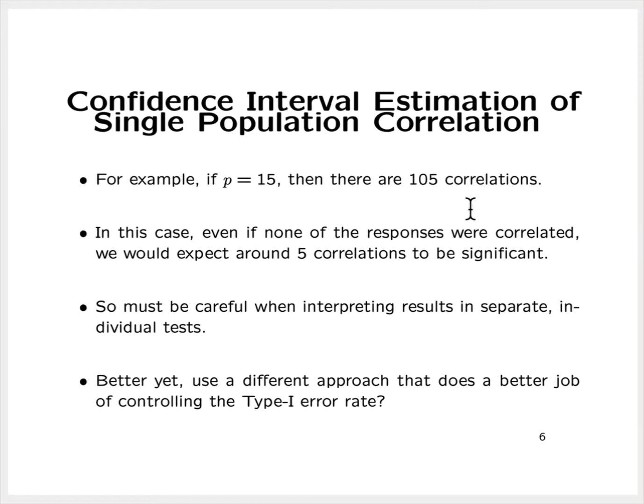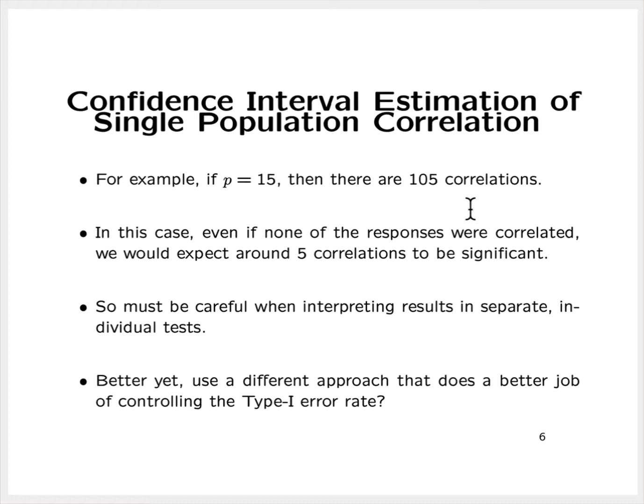So you can think of the output from PROC CORR. PROC CORR is what we use in SAS to do a correlation analysis. And so it's going to do 105 hypothesis tests involving correlations.